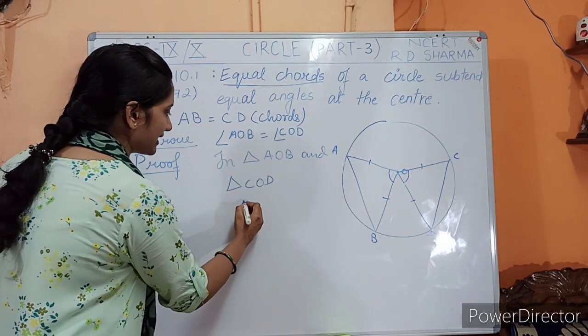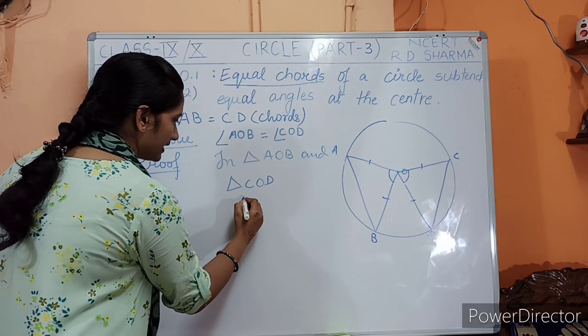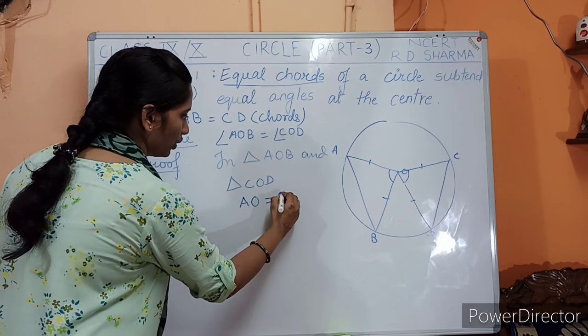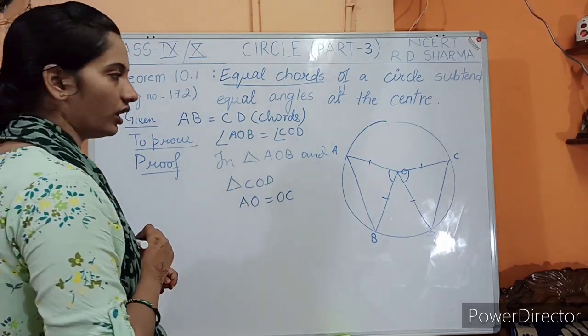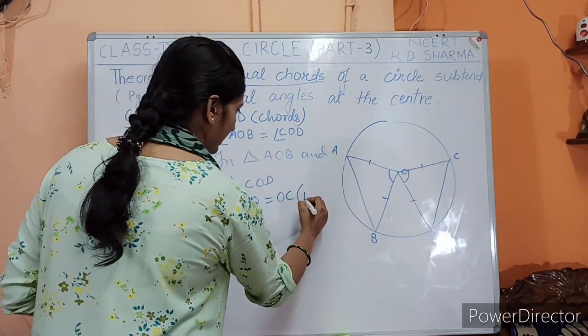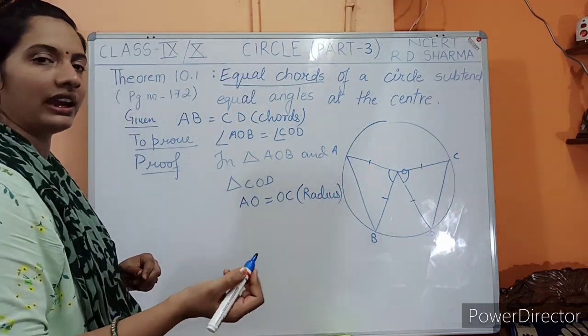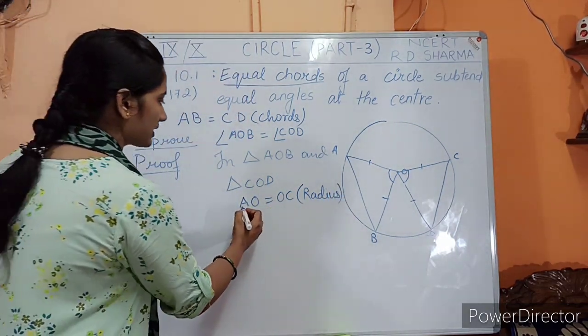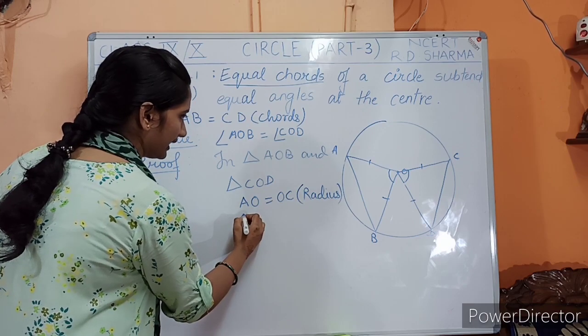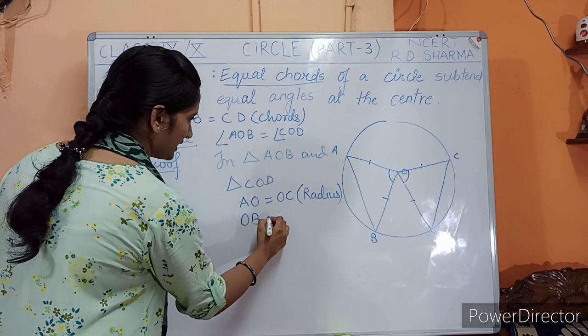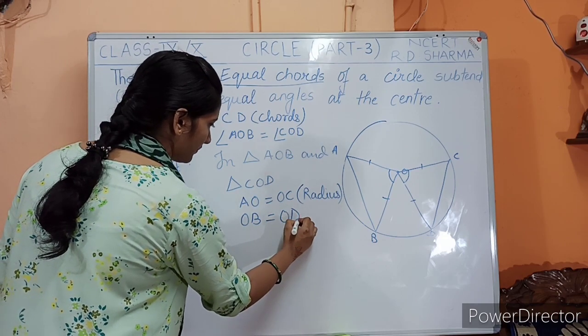As you can see, the side AO must be equal to the side OC. Is it so or not? Because they are nothing but the radii of the circle. Radii of the same circle, we know that they are equal. Now the second condition which is given here is OB equals OD.